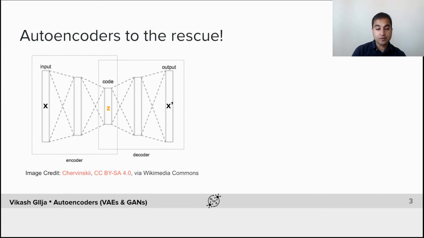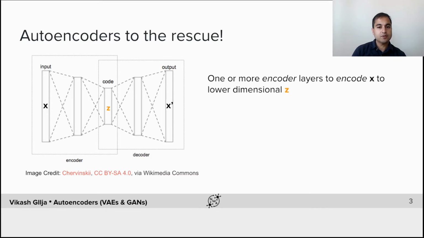The basic structure of an autoencoder is pretty simple. It has two major sections. It has an encoder section that's composed of one or more layers that encode our original data X to our lower dimensional representation Z, oftentimes referred to as a bottleneck in the network, because you can see that the network gets thinner in the middle.